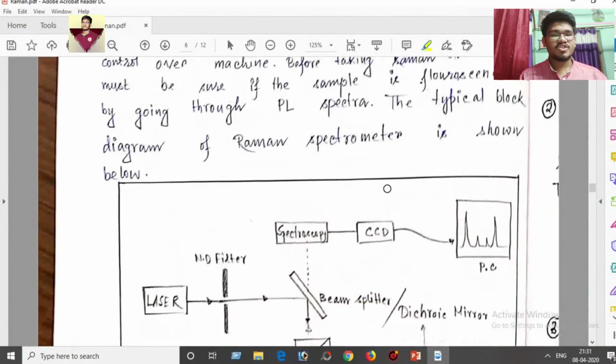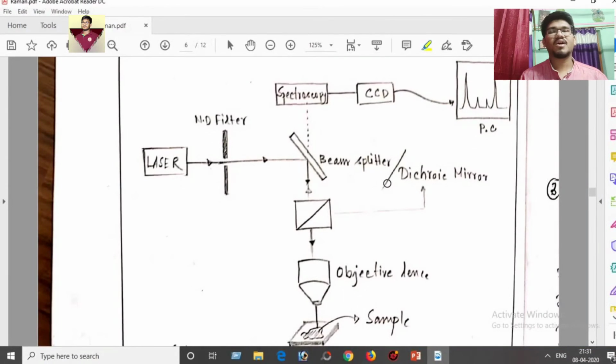Okay, now let's get back to the instrumentation part. In the instrumentation, before extracting the Raman spectroscopic graph from a molecule, we must be aware at what wavelength the molecule absorbs the incident photon, and at what particular wavelength range the molecule also shows photoluminescence.